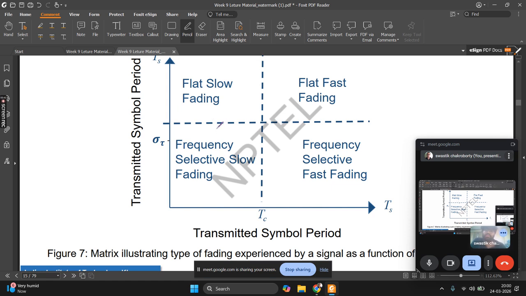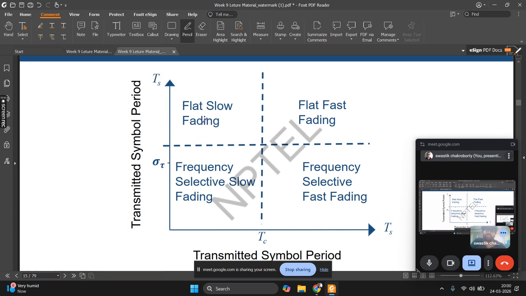Similarly, in terms of delay spread, you think of the inverse, that is, coherence bandwidth. If your coherence bandwidth is more, you will get flat fading. If it is less, you will get frequency selective fading.